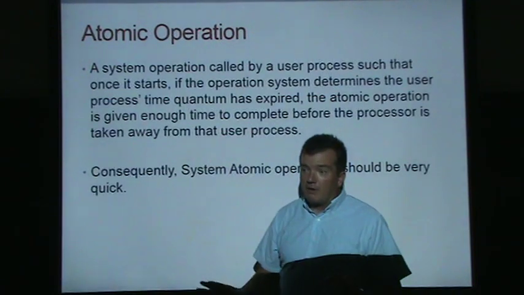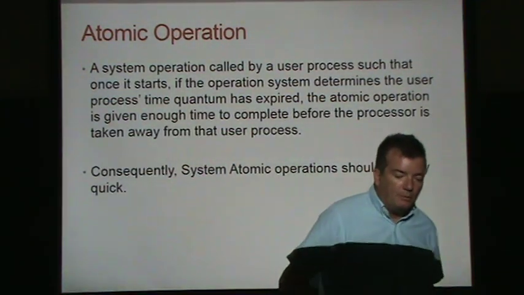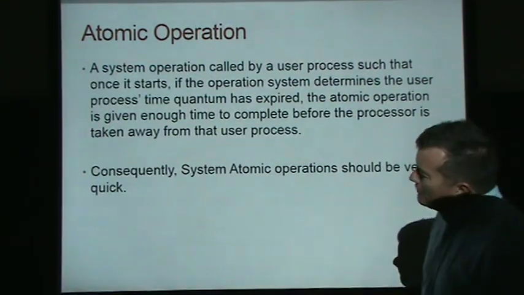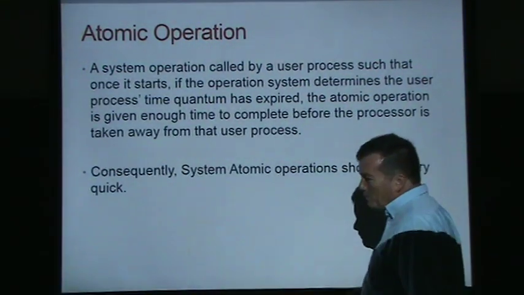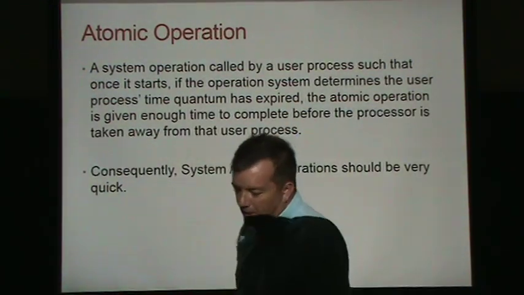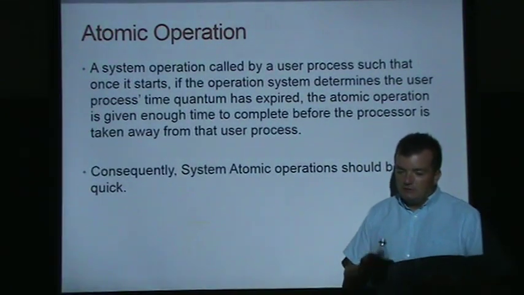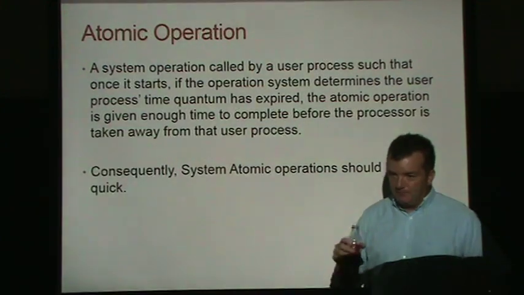If your program ran for an hour, all the other programs running on your computer would be dead for an hour. Okay, so we don't want to do that. We don't want to give programmers the ability to lock out everybody.